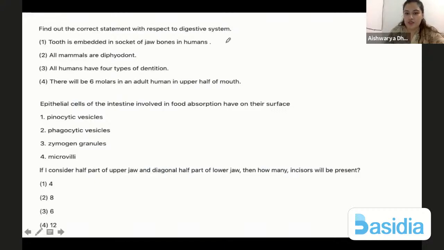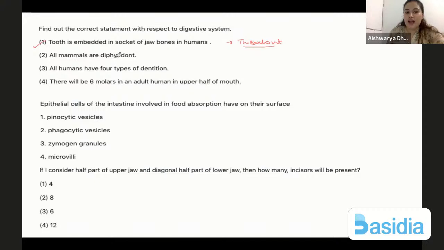This type of arrangement is known as thecodont. This is the one we were looking for. Let's have a look at all the other statements also and see how they are not right.